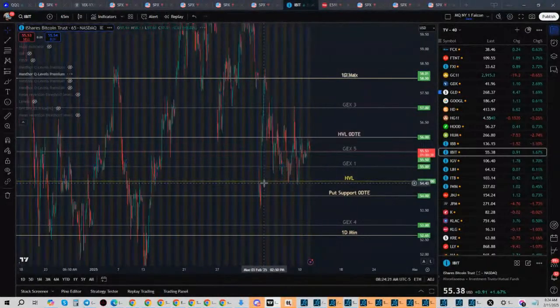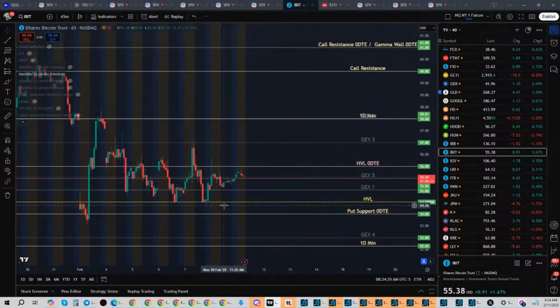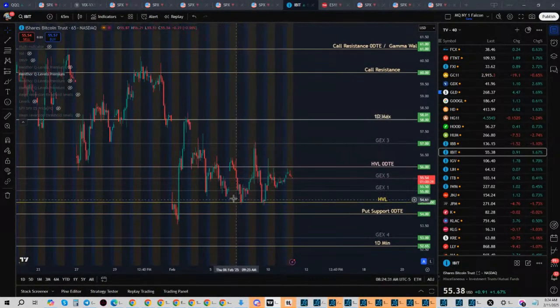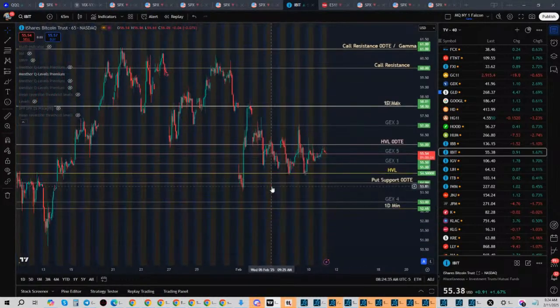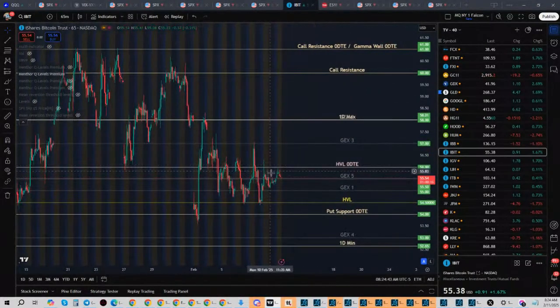Bitcoin just hanging in this level, and Bitcoin is another one that I like to sell premium on. 55 is the main inflection point. We seem to be staying in this general range. And Bitcoin, I just like to look at it as a risk on, risk off asset.